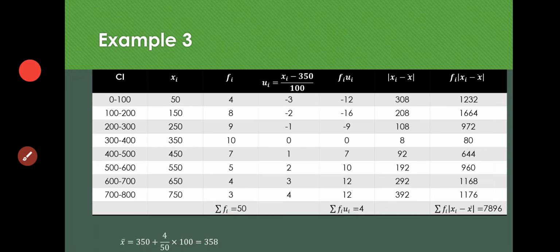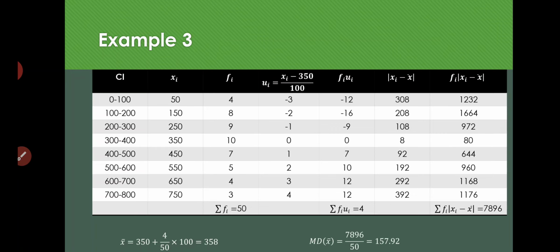So I just did the calculation right there. So once you get the mean, then mod of xi minus x bar, so 350 minus 50, that is 300, 350 minus 150, that is 200, and so on. So this gives you your mod xi minus x bar column, and then fi into mod xi minus x bar column. Just do the corresponding calculation, this is the value you get.